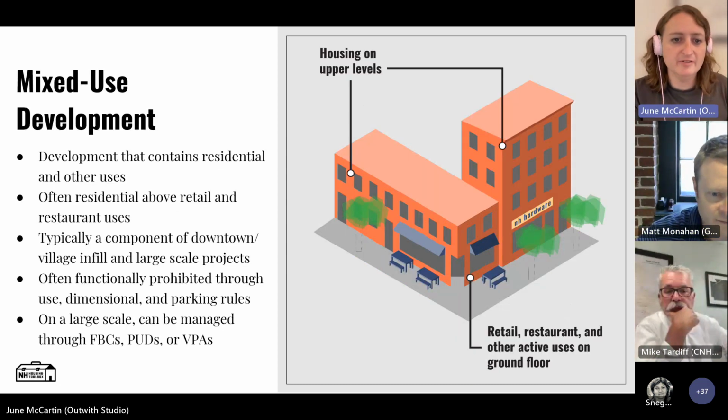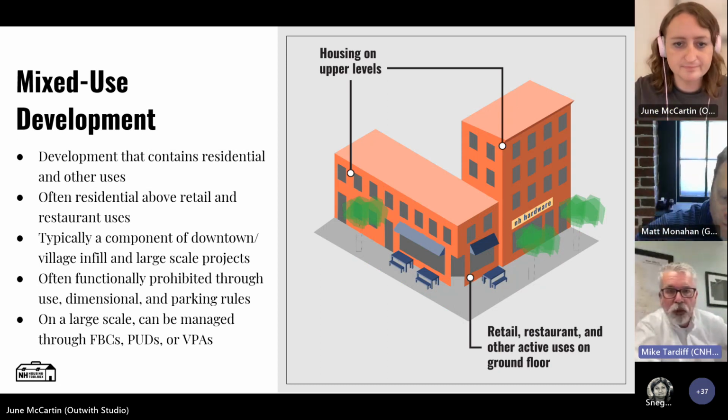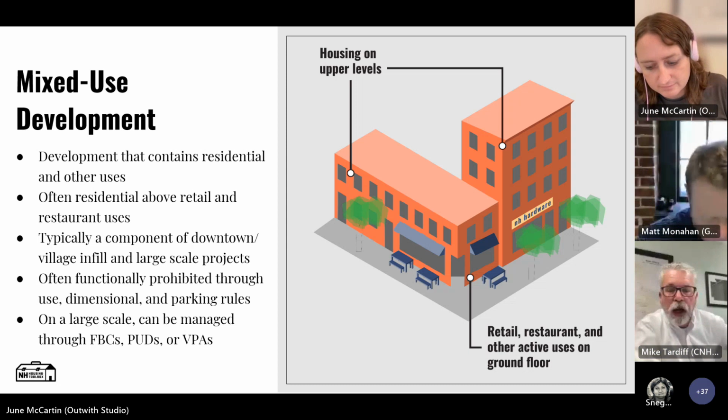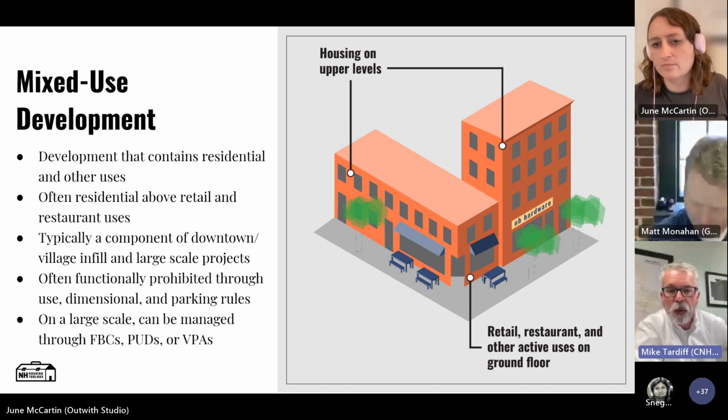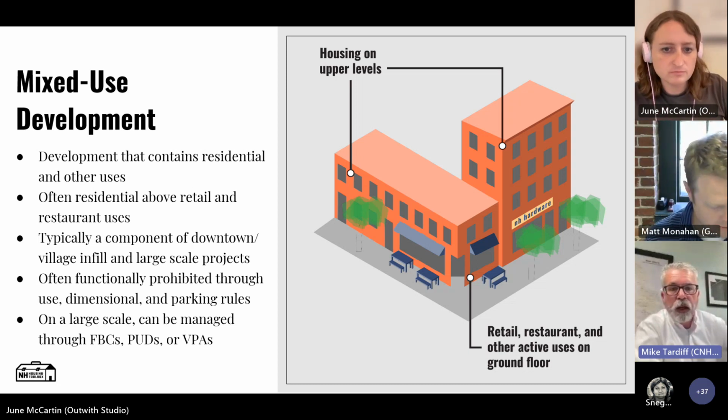Mixed use development. Mike, this is on you here. Yep. Thanks, June. So a lot of these concepts all start with the master plan discussion, and what we have seen over the last 5 years, 8 years in our land use conversations, economic development, that conversation about mixed use comes up.